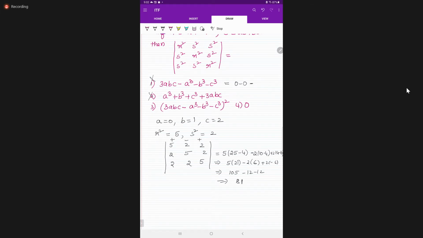Check the third option: 0 minus 0 minus 1 cube minus 2 cube, whole square. Minus 1 minus 8, whole square. It is equal to minus 9 whole square, which is equal to 81. So option number 3.